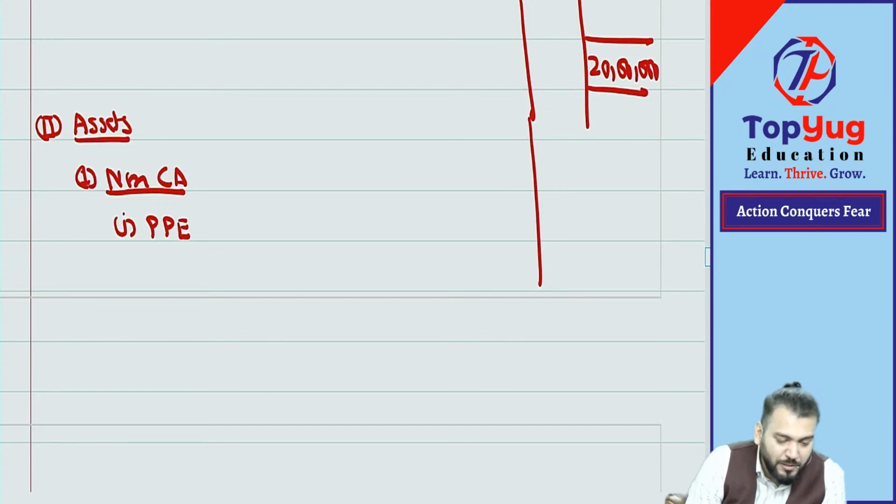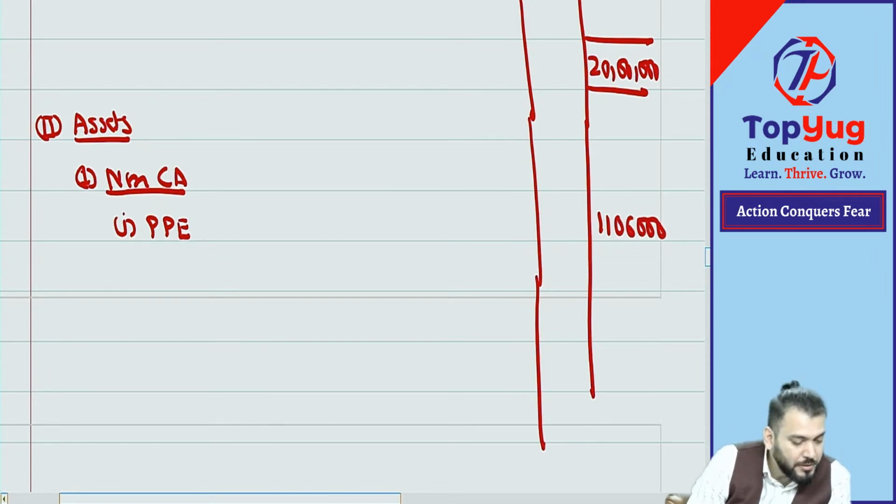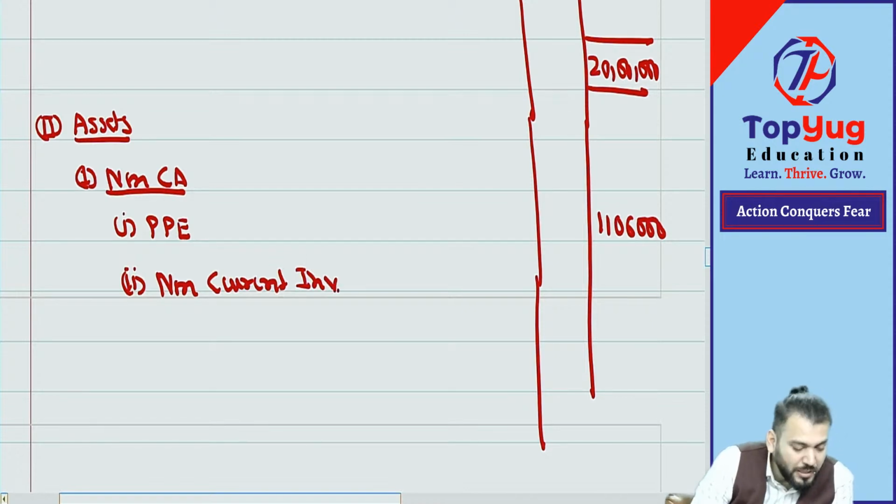So 11 lakh 40 minus 34, how much? 11 lakh 6,000. Okay, sir. Then patent and copyright closed. Then we have investment. Then point number two, non-current investment. So non-current investment is 55,000 now. Yes, sir.